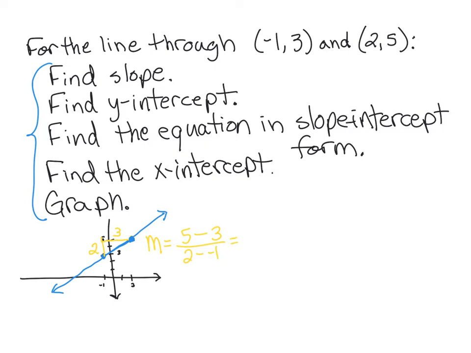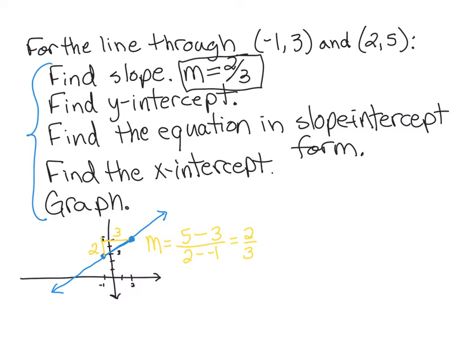Look at my slope, 2 on top, 3 on the bottom. And that was my rise over my run. So I could have just written down the answer once I plotted the points and counted. m equals 2/3, positive slope. All right.